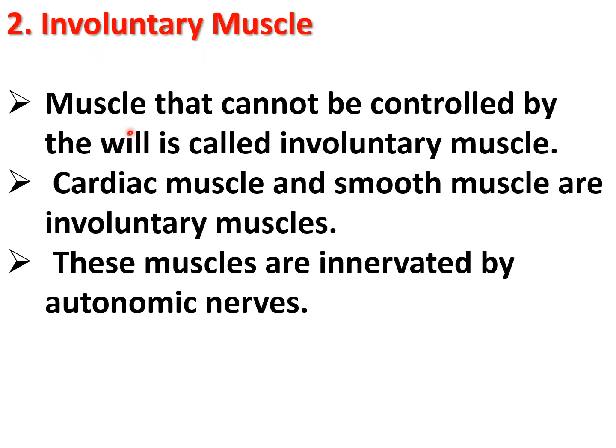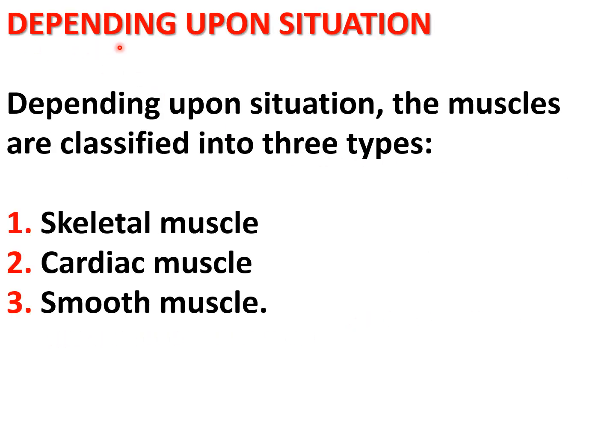Involuntary muscle: muscles that cannot be controlled by the will are known as involuntary muscle. Cardiac muscle and smooth muscle are involuntary muscles, and these muscles are innervated by autonomic nerves. Then, depending upon the situation, they are classified into three types: skeletal muscle, cardiac muscle and smooth muscle.